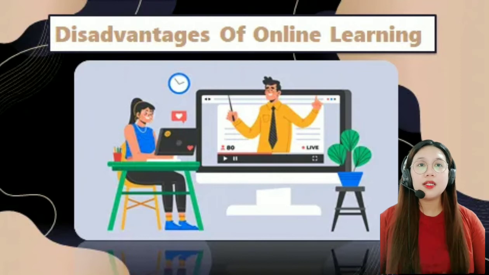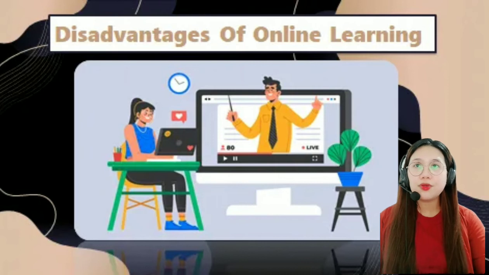This can include online messages, emails, video, and conferencing that will allow for face-to-face interaction and reduce the sense of isolation.